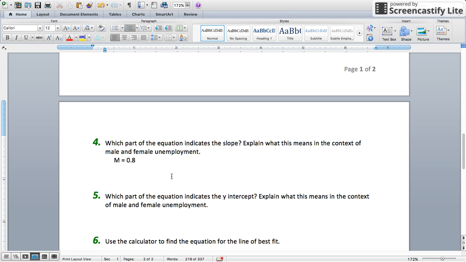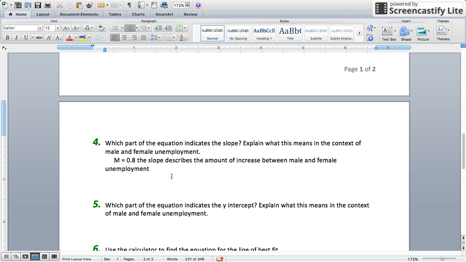So if the vertical change is female unemployment and the horizontal change is male unemployment, then the slope describes the amount of increase between male and female unemployment, because since our function is increasing, that means that the slope has to be increasing, right?